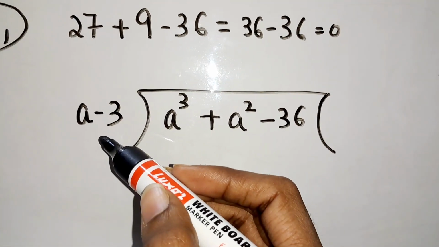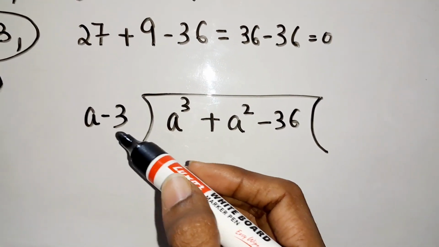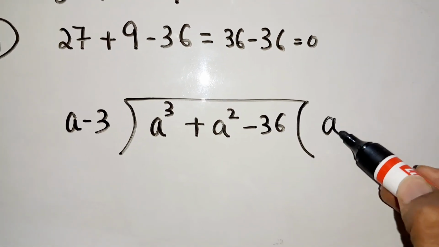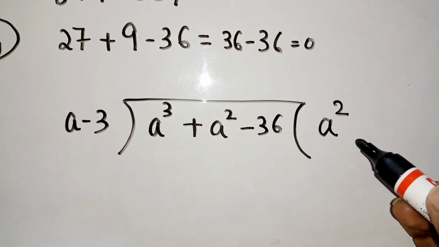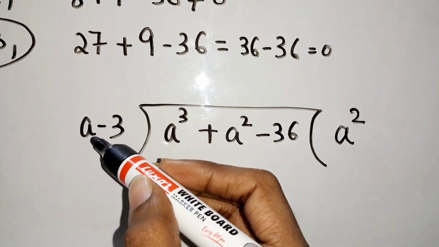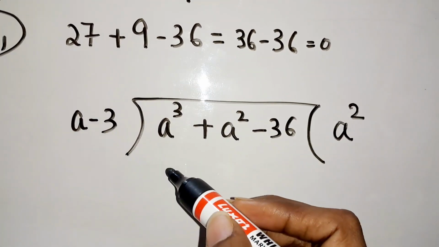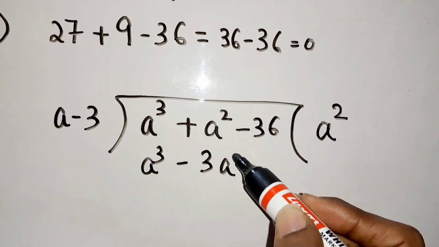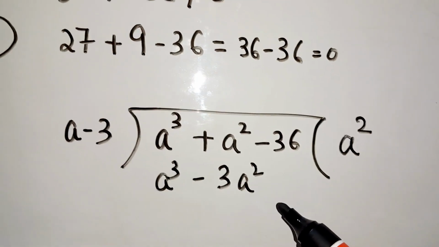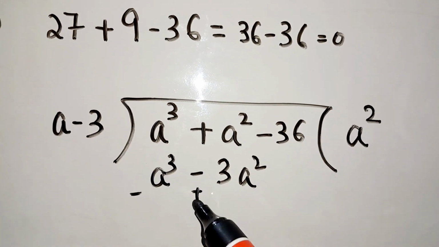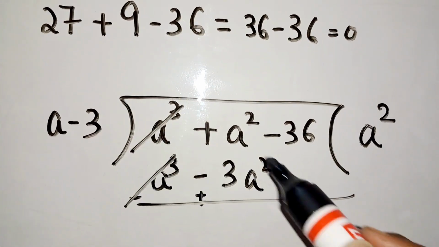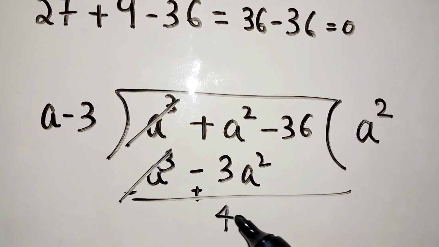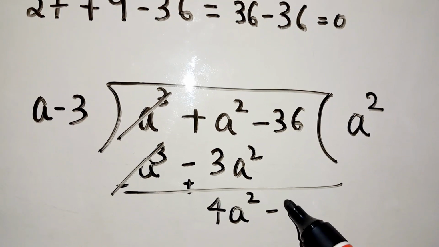So how will we do this? We take a square: a minus 3 multiplied by a square is a cube minus 3a square. Now if we subtract, this one cancels and this becomes minus minus 3, that means plus 3, so 4a square minus 36.